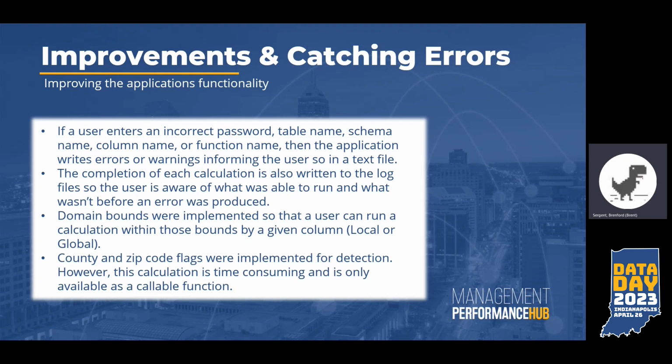Then to the YAML file, we added domain inputs, which allowed a user to run a calculation over a certain range of values. And finally, we added some Easter egg functions, such as if a column contained over a certain threshold of zip code or county names, then the column would be flagged for that calculation. However, these will probably be moved to another script in the data quality pipeline that we're working on.